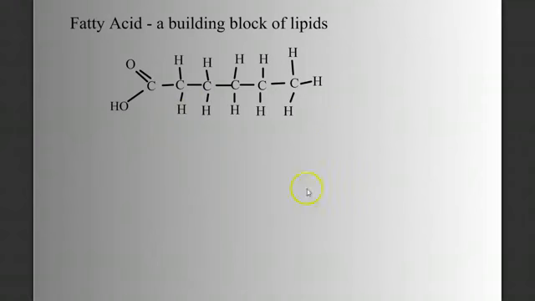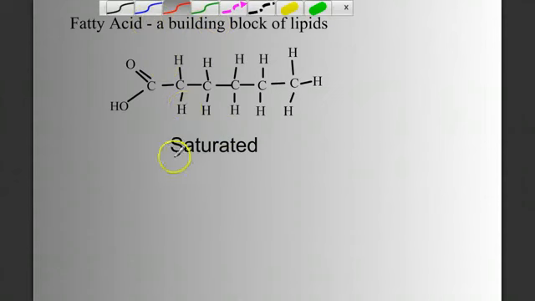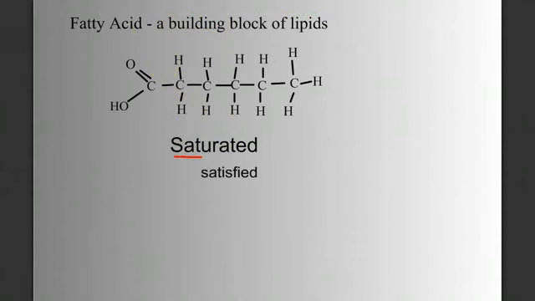And so if we think about the word saturated for a moment, what does the word saturated mean? Let's look at the root of the word saturated, or S-A-T. Let's think about other words that have that in there. How about satisfied or sated? I want to bring up another drawing of a fatty acid and tell you which one's saturated, which one's unsaturated, and then we're going to figure out what this means.